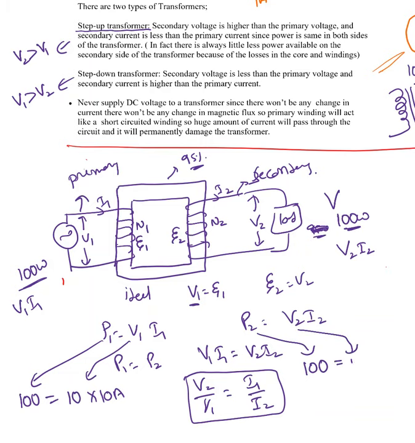Now I'm stepping it up to 100 volts. What happens to the current? Current is going down. Okay, so a step-up transformer steps up the voltage, steps down the current, and power is going to be the same. Ideal case, power on the primary side and secondary side is going to be the same. Okay, that's what we need to understand.